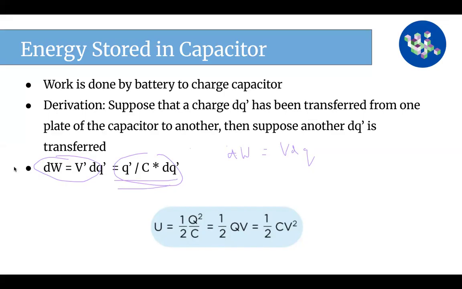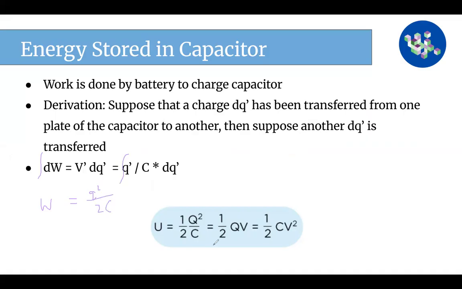If we integrate both sides, the total work done, or rather the total potential energy, will be Q squared over 2C.